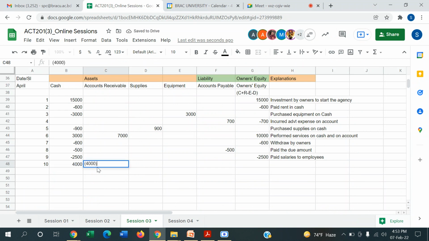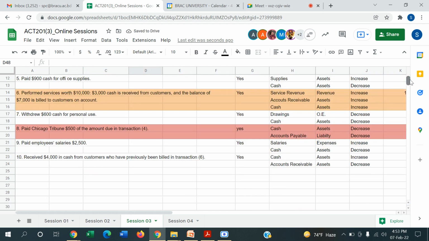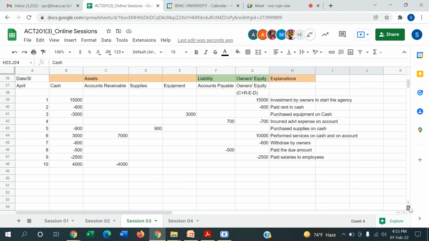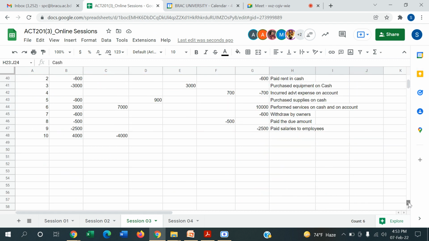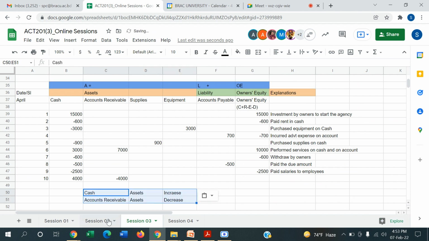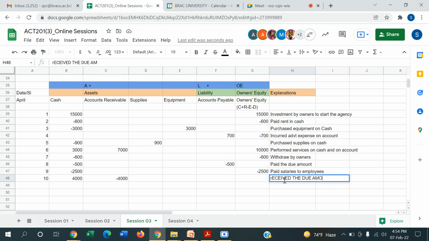I've made this analysis before that when we are receiving the amount from the customers, the cash and accounts receivable will be affected, these two accounts. Now we are going to input this information with the numerical values to the equation. So here we can write it down. Received the due amount.